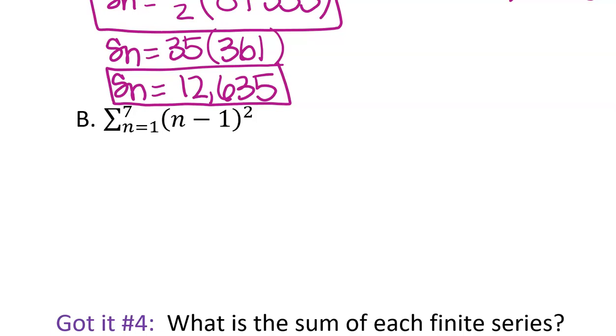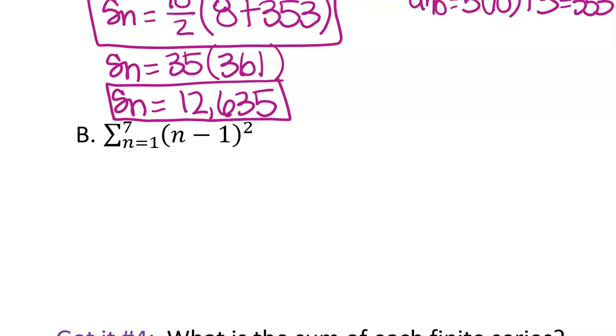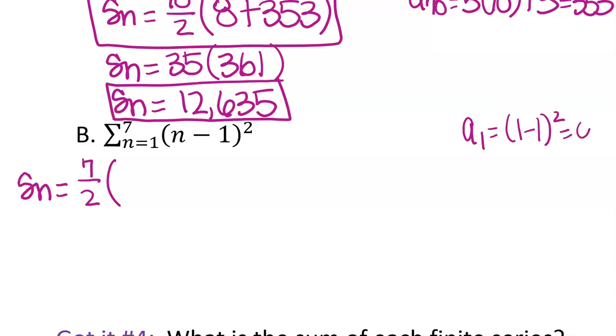So we are going with, I have 7 terms. I'm going to show you 2 different ways to do this one. I'm going to spread this one out a little bit. Okay, so we're going to take 7 and divide it by 2. I need to know what's my first term, what's my last term. So a sub 1 would be 1 minus 1 squared, which is 0.